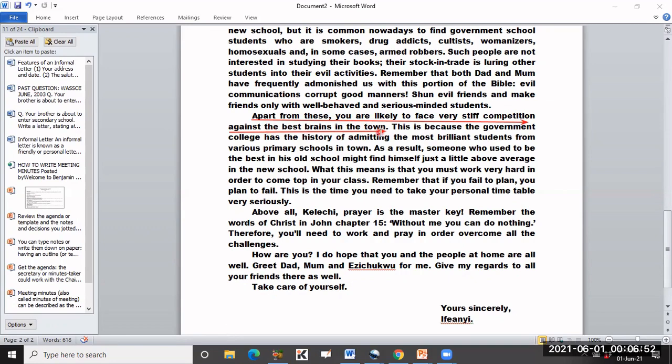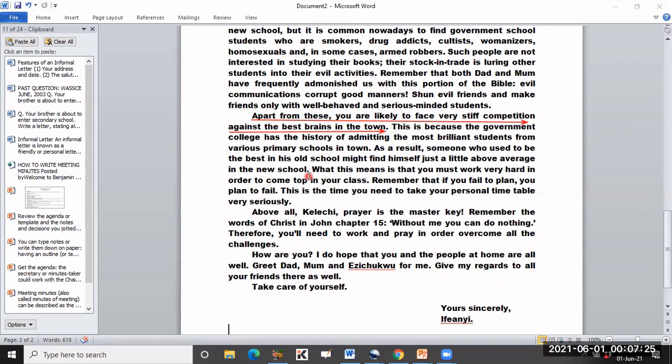This is the topic sentence. We are now going to explain what we mean by this. Now, this is because the government college has the history of admitting the most brilliant students from various primary schools in town. All right? As a result, someone who used to be the best in his old school might find himself just a little above average in the new school.